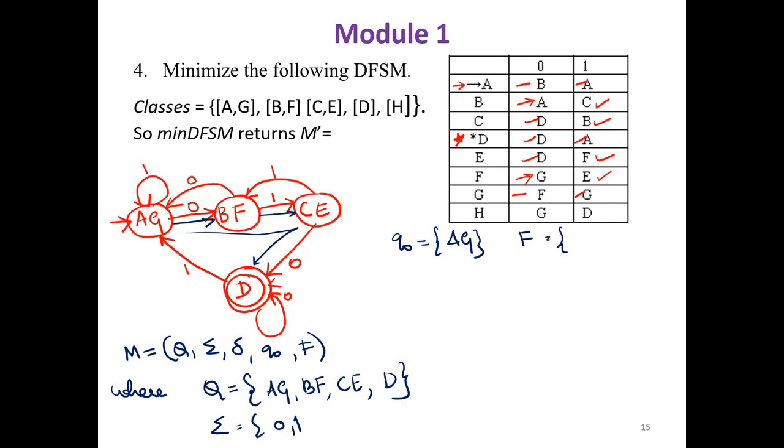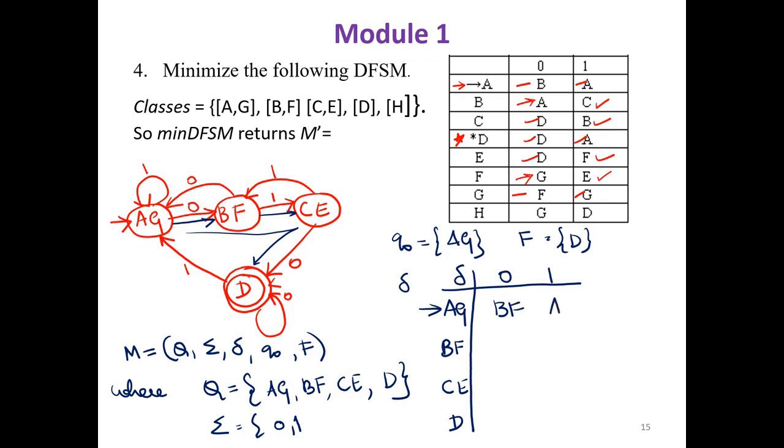Final state is D. For delta, either you can write the delta transitions or you can write the transition table. I'll just write the transition table here for 0, 1. The states are AG, BF, CE and D. AG for 0 is going to BF, for 1 taking a self loop.